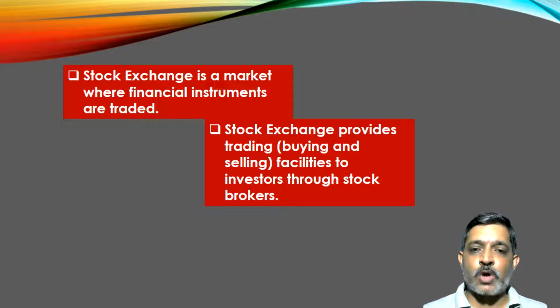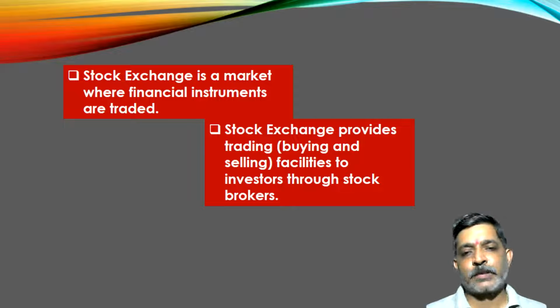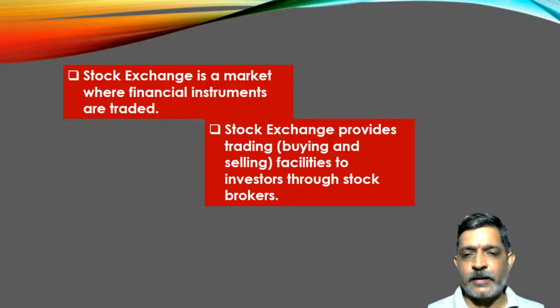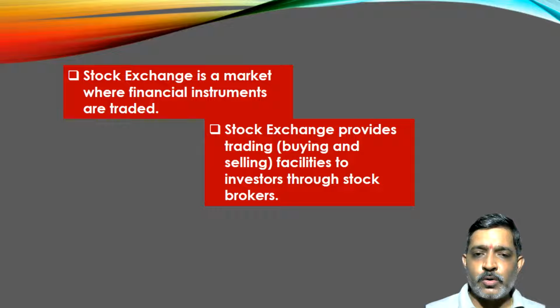Then stock exchange provides trading facilities to investors through stockbrokers. We already discussed in a previous slide that a stockbroker is a person who buys and sells for the investors.